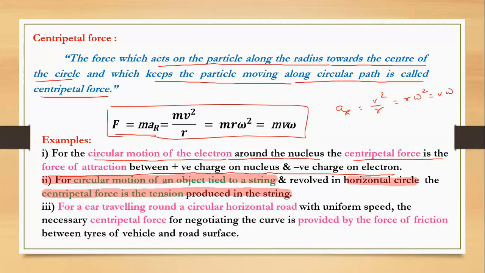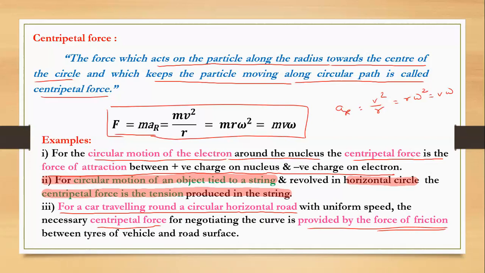Now next example. For a car traveling around a circular horizontal road with some uniform speed, centripetal force for negotiating the curve is provided by the force of friction between the tire of the vehicle and the road. You know that the necessary force in that case is the centripetal force.